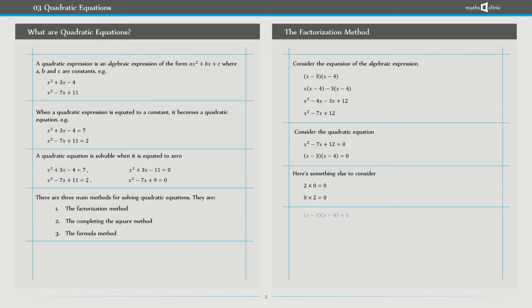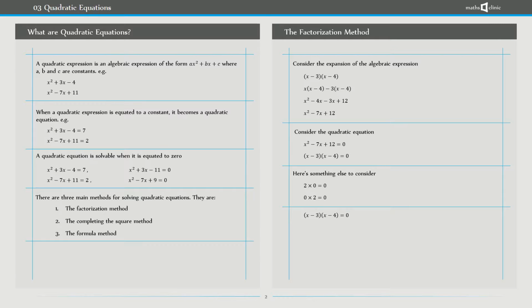Now let's apply this to solving this quadratic equation, because we're able to establish that the quadratic equation x squared minus 7x plus 12 equals 0 could be written as x minus 3 times x minus 4 equals 0. Now let's apply this principle that we just learned to solving this.